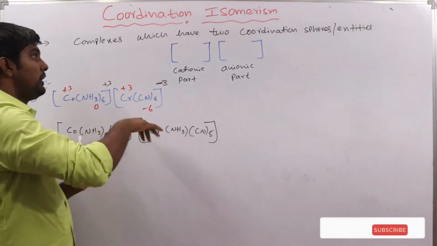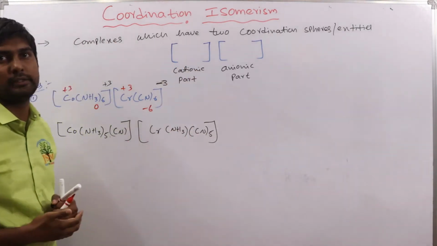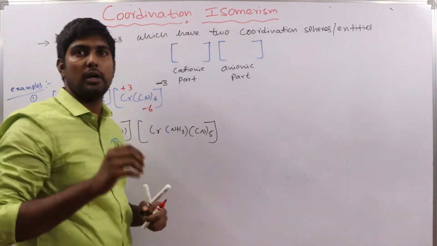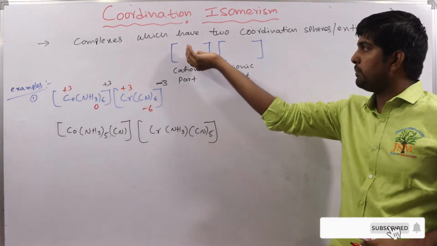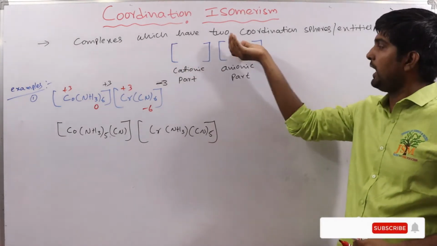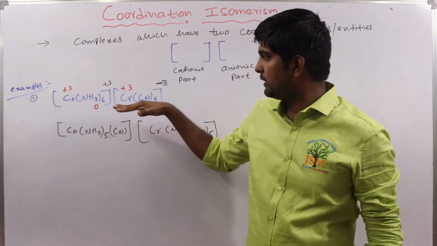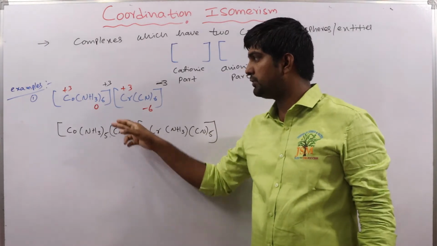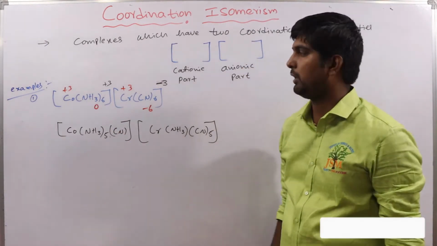See what is happening here. This isomerism arises due to the exchange or interchange of ligands between the cationic coordination sphere and the anionic coordination sphere. See, this is in the cationic part, this is in the anionic part. If you consider these two isomers, these two have the same molecular formula.